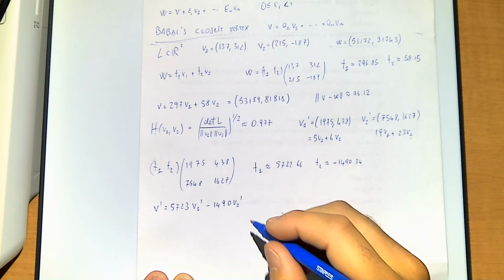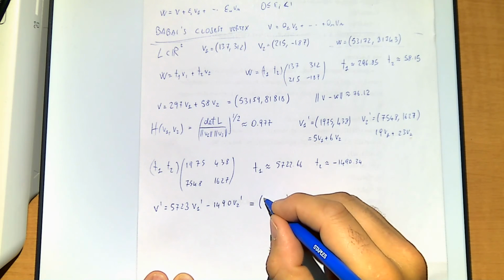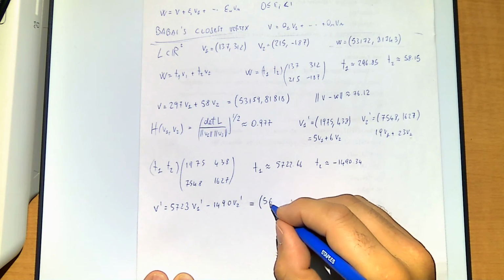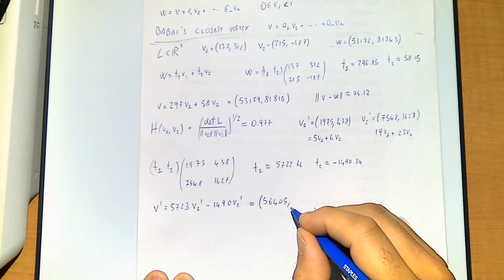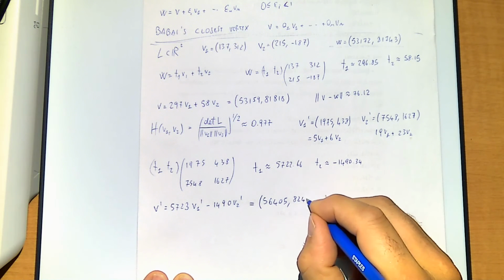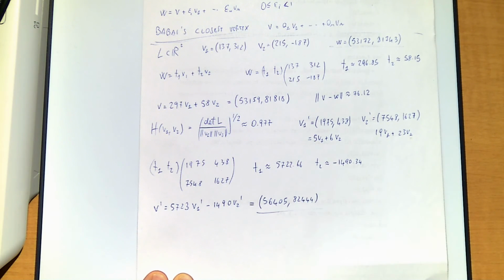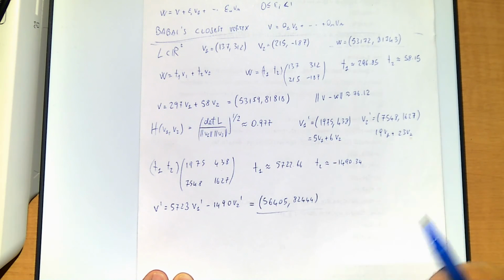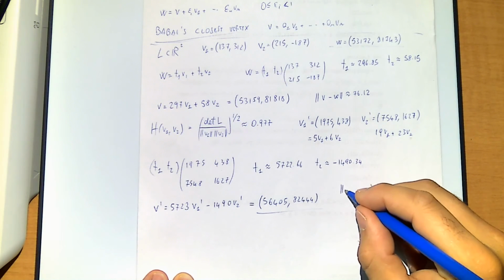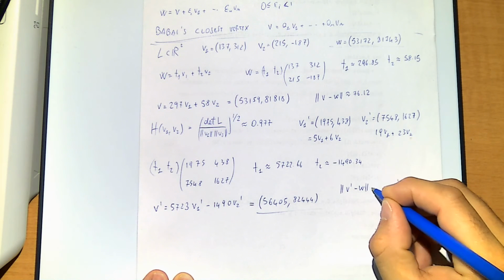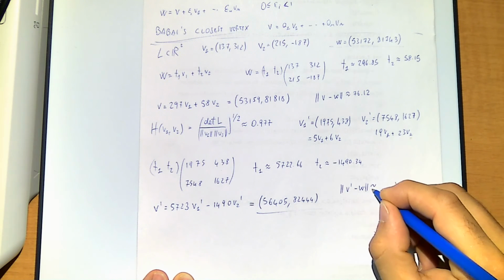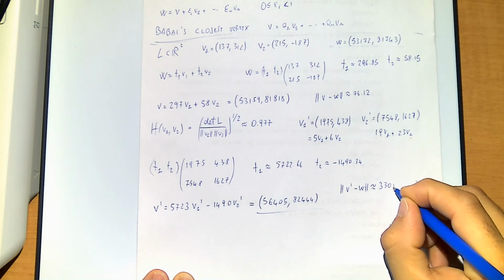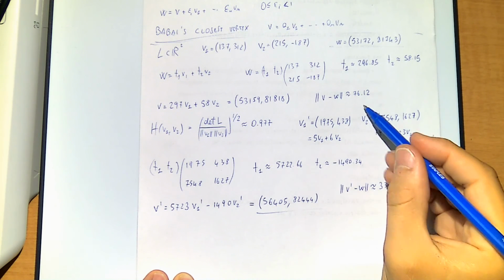And then what we find when we do the calculations is the vector 56405, 82444. Now this is a lattice vector, but it's not that one. You can see that this one is farther away from the original one. You can compute the distance: the distance between V prime and W is bigger, approximately 3000, while the previous one was 76.